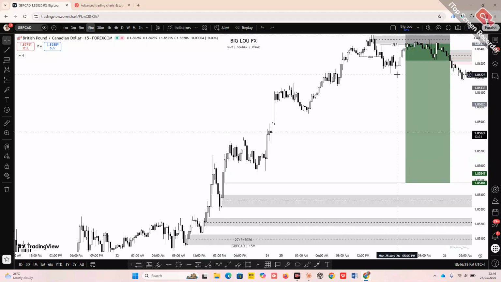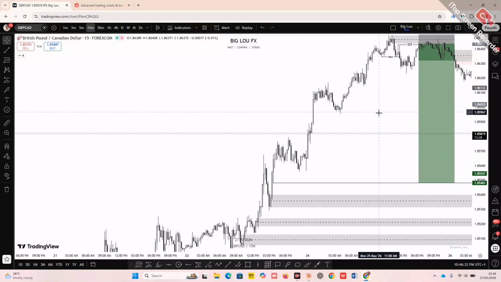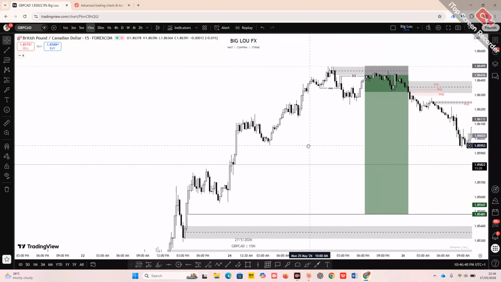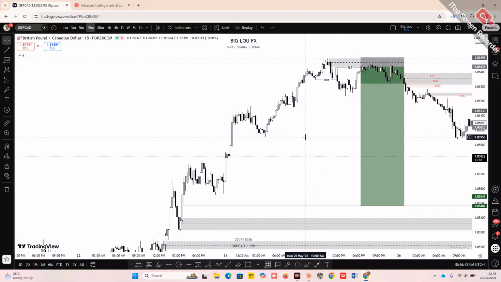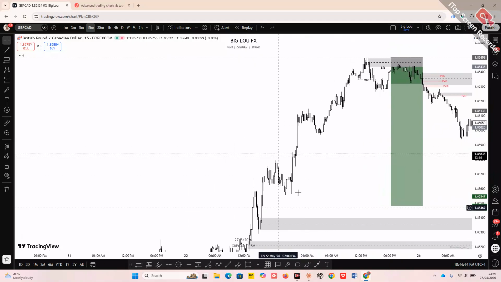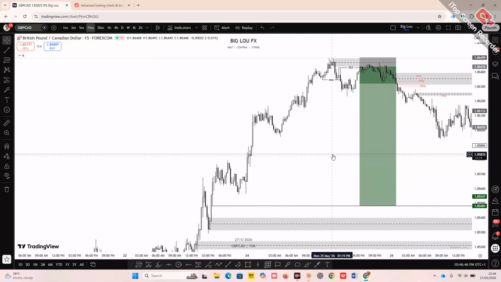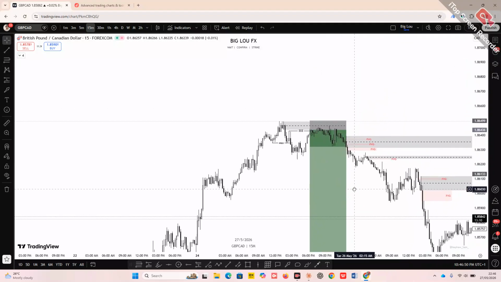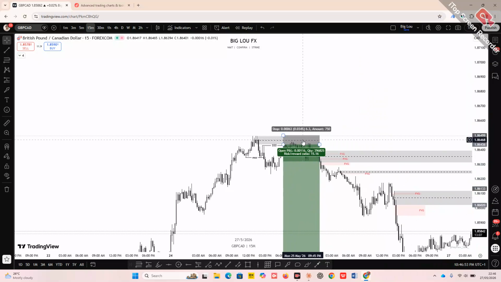So I marked here, using imbalance to know that I'm going to target the next imbalance with the highest probability. I've told you why I targeted there. So what did market do? Market came back, mitigated me, and the good thing is that sometimes it mitigates you up until 50%, mitigates half of the POI.